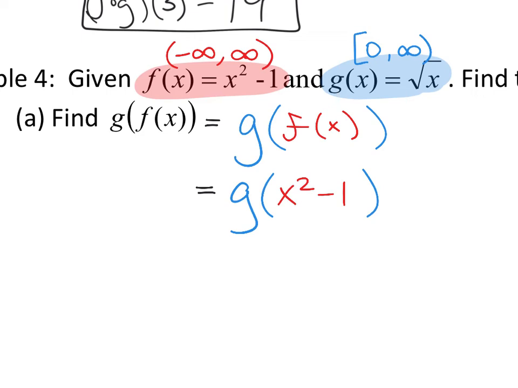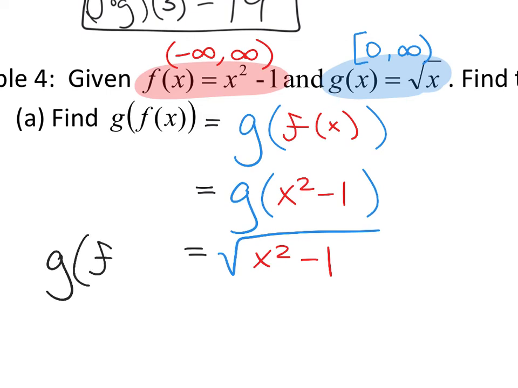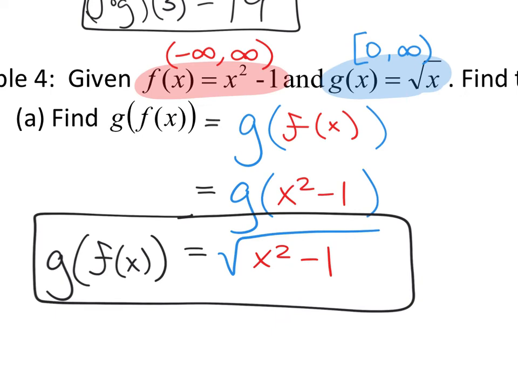Function notation tells me, anywhere you saw an x in the g function, put that instead. So now this looks like this: square root of, replace the x with x squared minus 1. Is there any sort of simplifying I can do for that? No. So this is it. This is g of f of x. You can't take the square root of a binomial unless it's perfectly square. It's a thing.